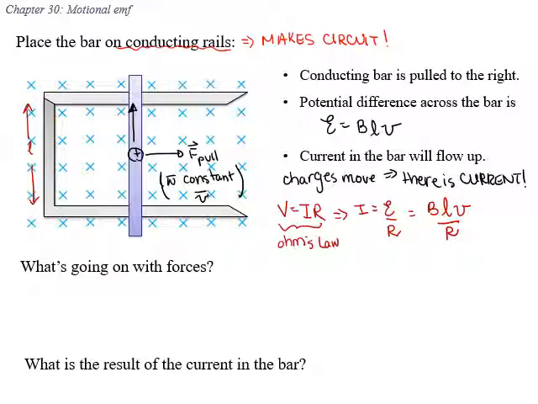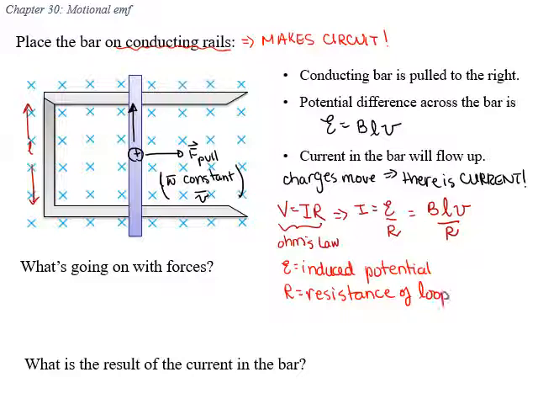Okay, so in our list here, epsilon is the induced potential. R is the resistance of the loop, so the resistance to the current flow.